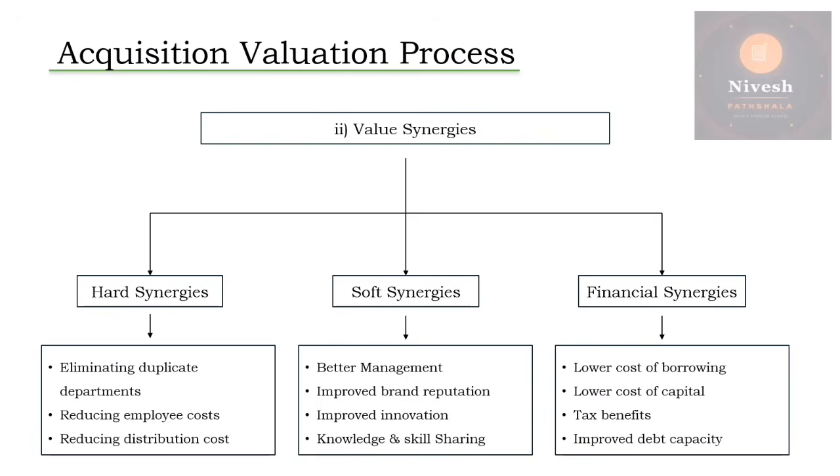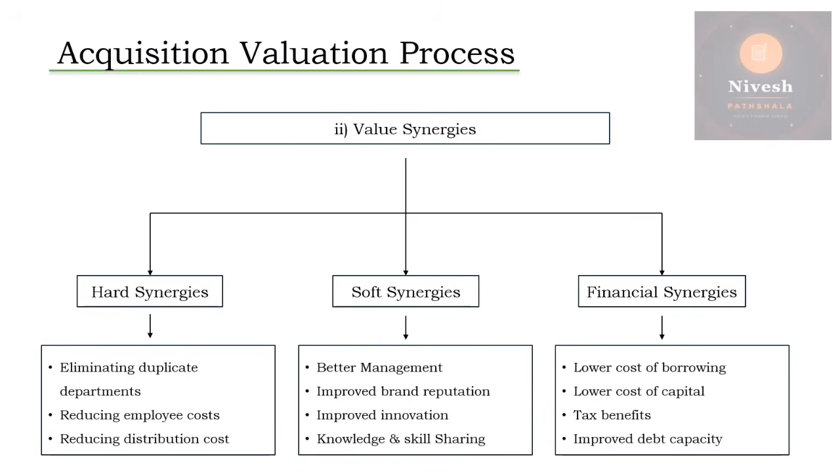Next we'll move on to soft synergies. These are potential benefits that are more difficult to quantify and are less certain, like better management, improved brand reputation, improved innovation, knowledge and skill sharing. These are called soft synergies. And the third, financial synergies.